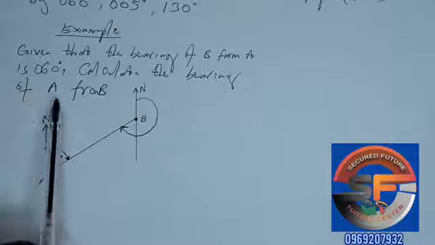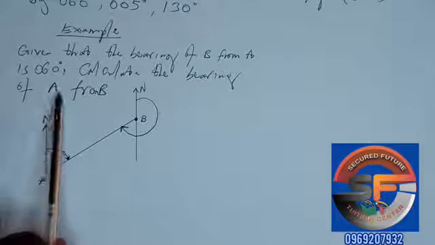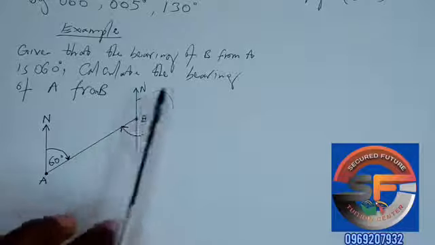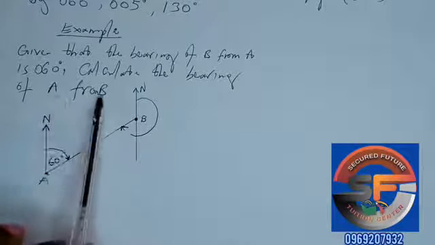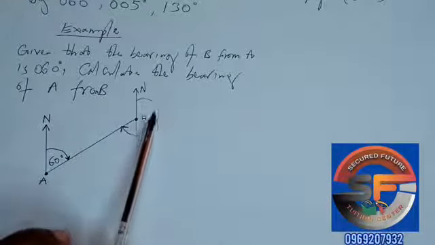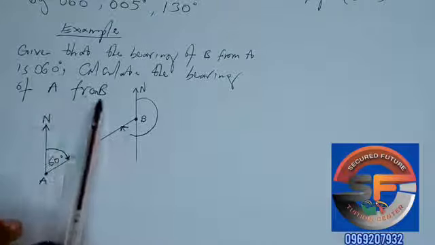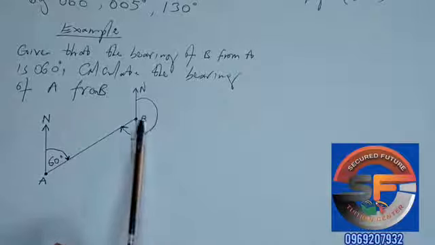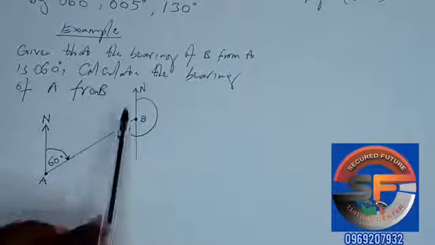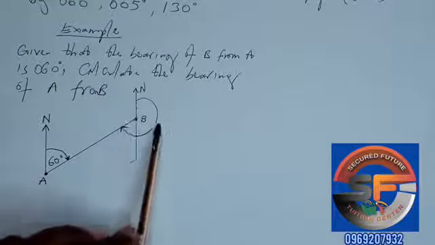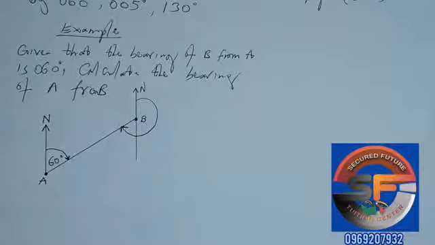Since this one is saying the bearing of A from B, you move in the clockwise direction until you meet the line joining these two. So it's this line. So this is the angle that they want. This angle will give us the bearing of A from B.